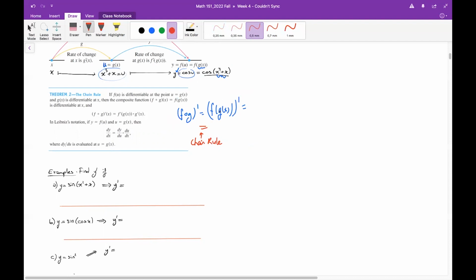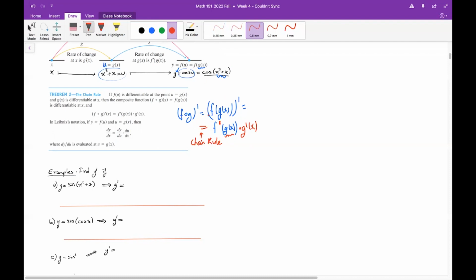You start from the most outer function, which is the function f, right? f is the most outer function. You start taking the derivative with it. And then you don't do anything about the inside function, but then according to the chain rule, you have to multiply with the derivative of this inside function, okay? This is what we call the chain rule.